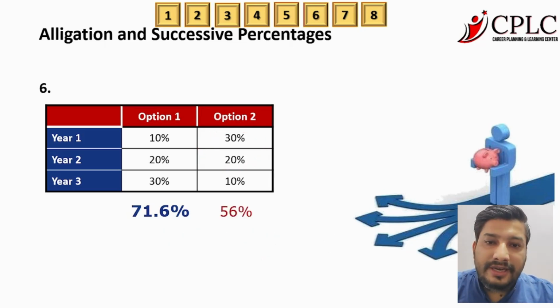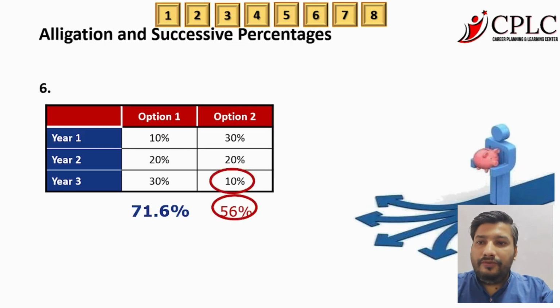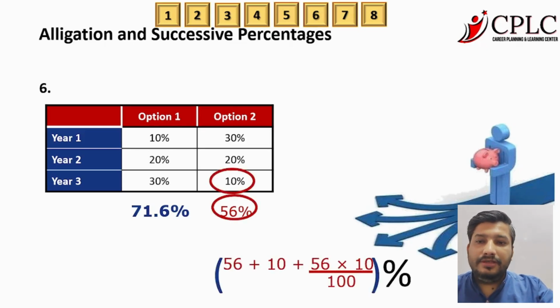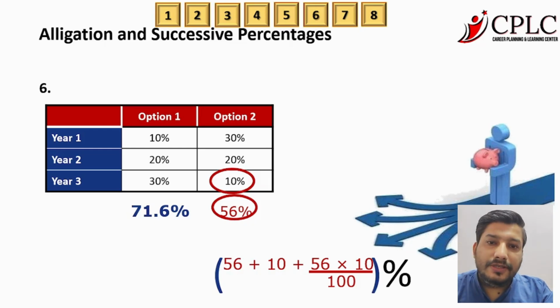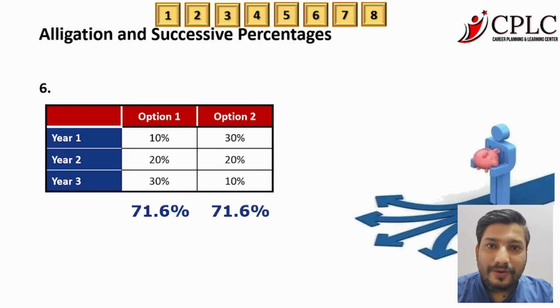And then 56 and 10% we'll have to do again successive. So 56 plus 10 plus 56 into 10 upon 100. So that is going to be 66 plus 5.6. So 66 plus 5.6, again you get the same answer, which is going to be 71.6%.